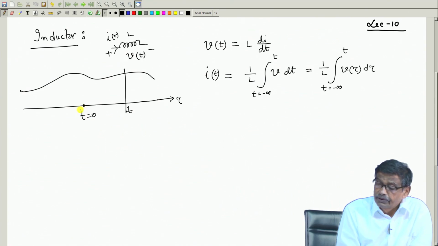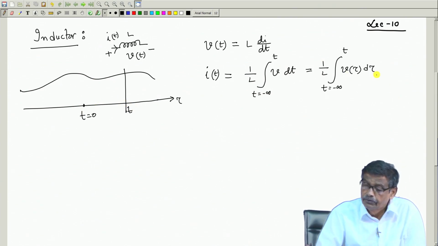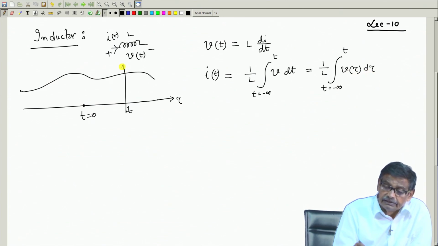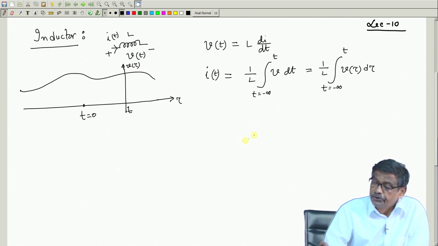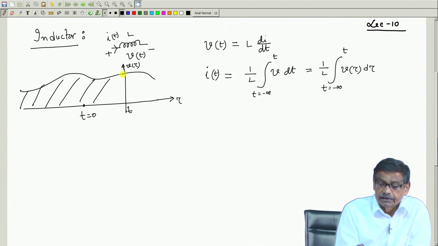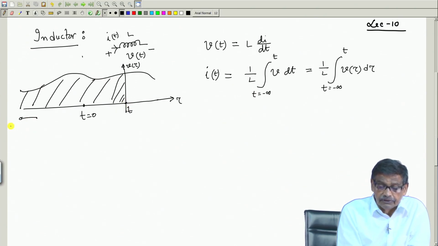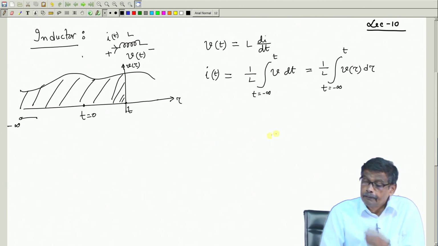You require all the values of the voltages till time t. If you integrate V tau d tau, it means the area under this curve, as I told last time, and you have to take it from minus infinity till time t.